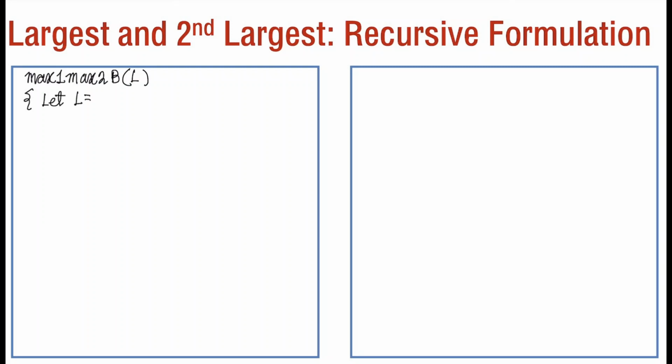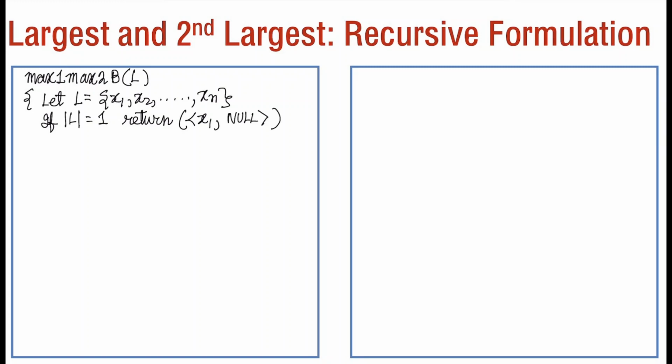So then again let L equal to x1, x2 to xn. If the length of L is 1, return x1, null. Now again, like in the max-min case, our other base condition is when there are two elements, because we can solve that by a single comparison.